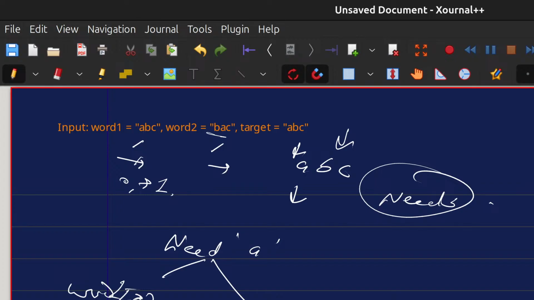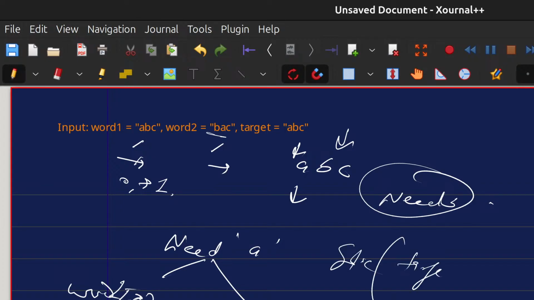Another condition is that the problem says at least one character must come from both strings. So we must also remember: have we used word 1 and have we used word 2 or not? Because we have to use both at least once. So what things do we have to remember in the function solve?